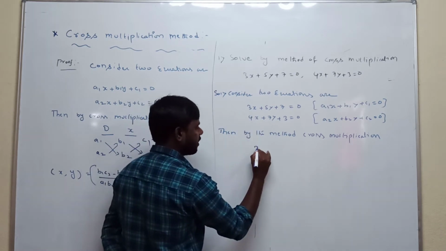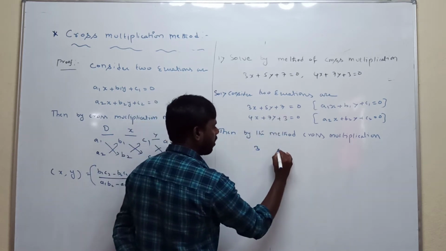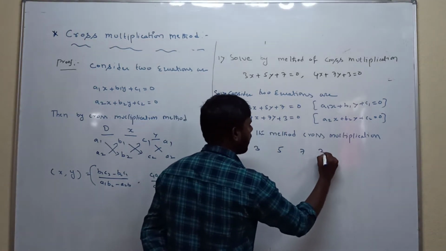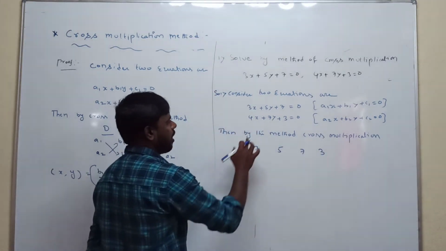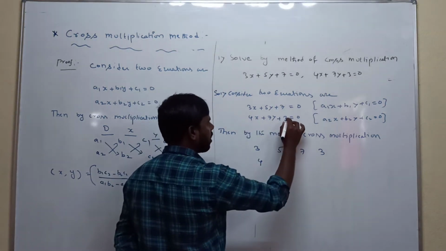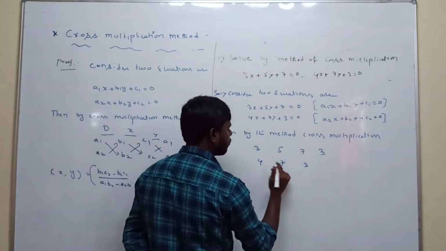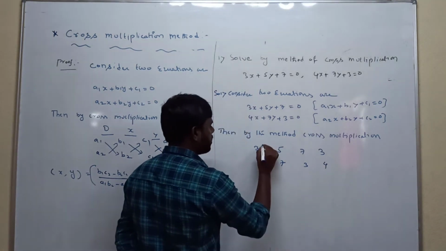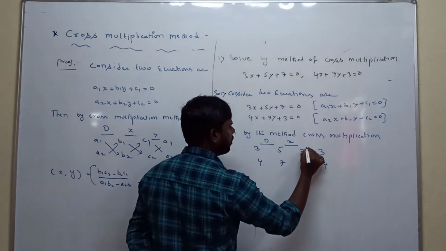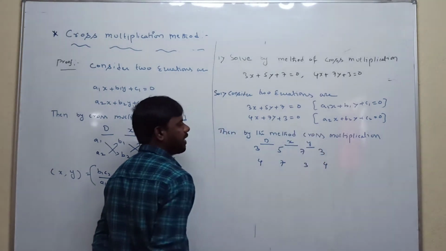X coefficient is 3, y coefficient is 5, constant coefficient is 7, again x coefficient, as it is. Second equation, x coefficient is 4, y coefficient is 7, constant coefficient is 3, again x coefficient is repeated. This one you can take as denominator value, this one you can take as x numerator value, this one you can take as y numerator value.